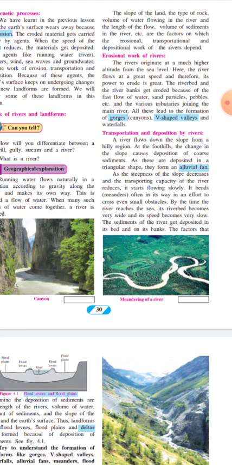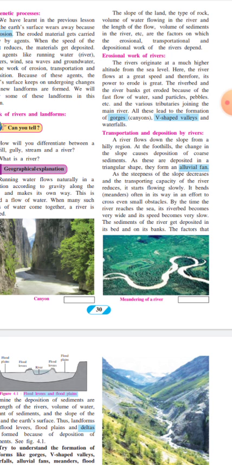A river flows down the slope from a hilly region. At the foothills, the change in the slope causes deposition of coarse sediments. As these are deposited in triangular shape, they form an alluvial fan. Alluvial is a type of fertile soil. As the steepness of slope decreases and the transporting capacity of river reduces, it starts flowing slowly.